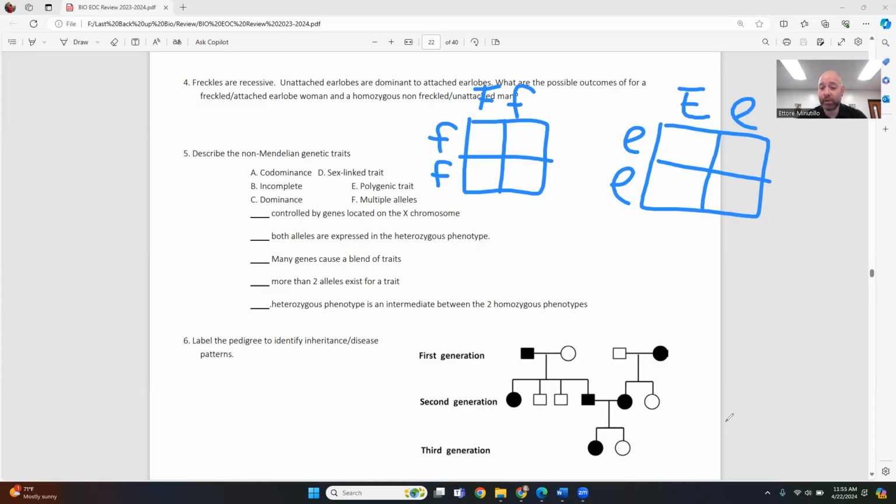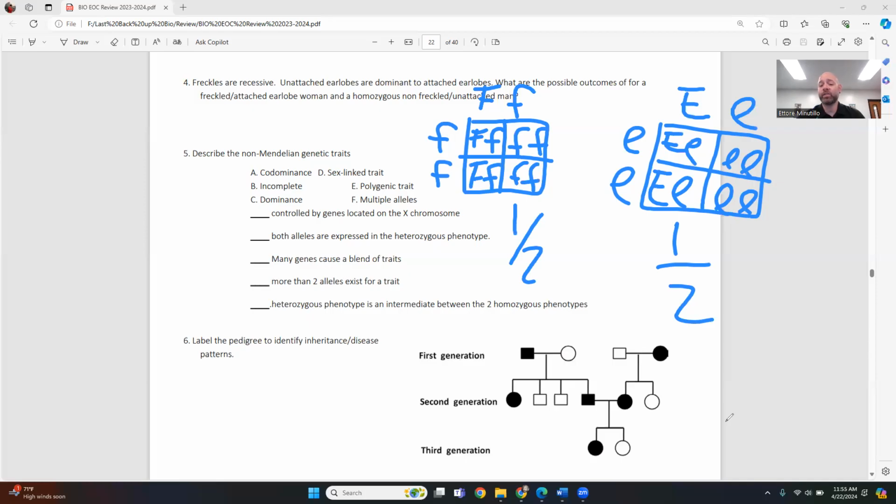We can find the possible outcomes by looking at the way this plays out. If we drop these through, I can see here I've got a 1 out of 2 or a 50% chance of having freckles or not having freckles. And on our other, I've got roughly the same, a 1 out of 2 situation for having attached earlobes or unattached earlobes.